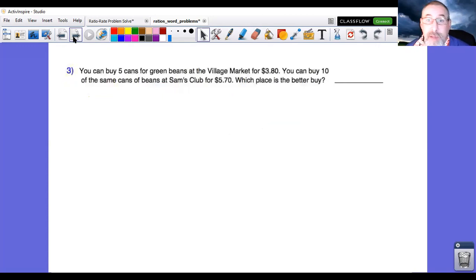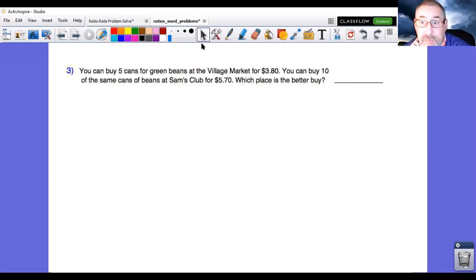All right, next example. Again, these are going to be very typical of what you'll see. Again, it's important that you understand how to calculate unit rate and then how to compare them, because the EOG loves to do these kinds of questions for this section of the math knowledge.